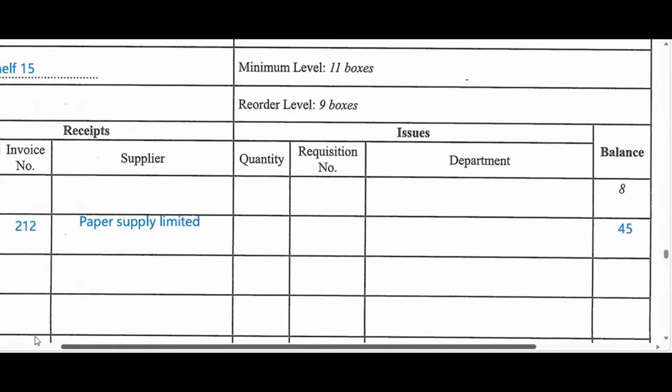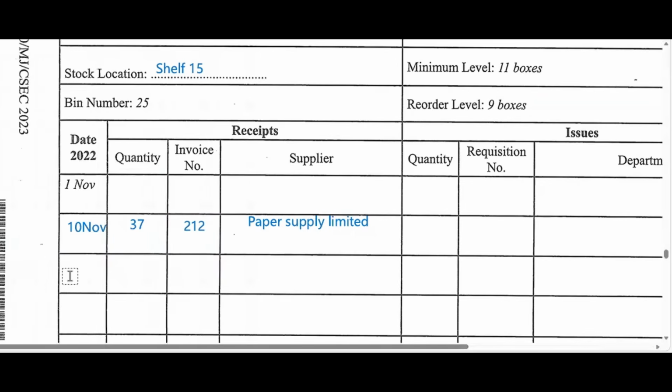So we're going back there to the other area for the information. We now have 23rd of November. We issued 12, meaning we gave a department 12, the requisition number 215.